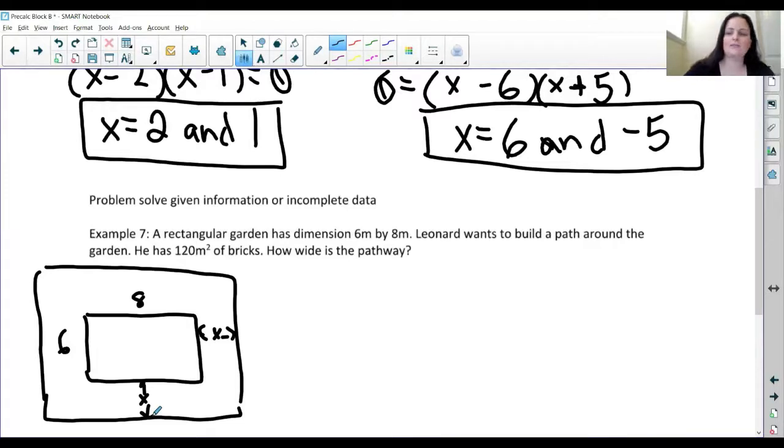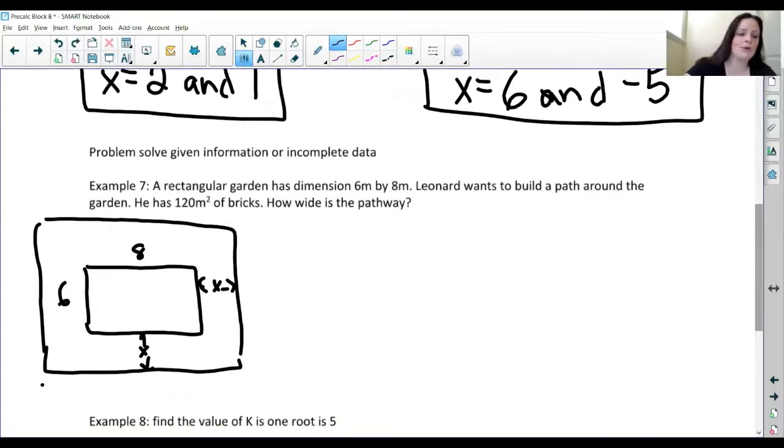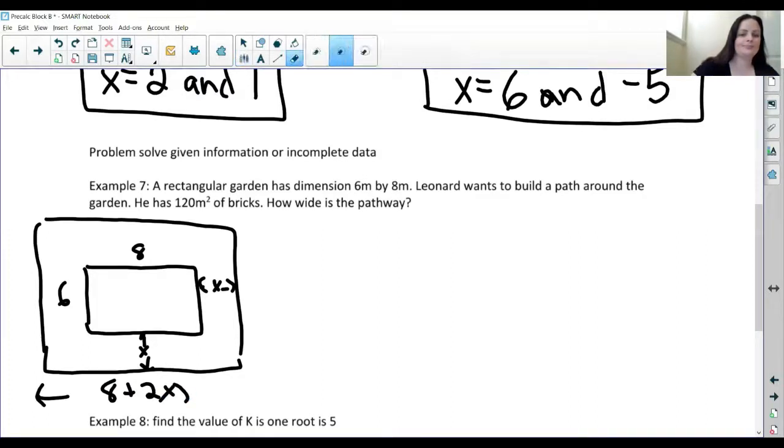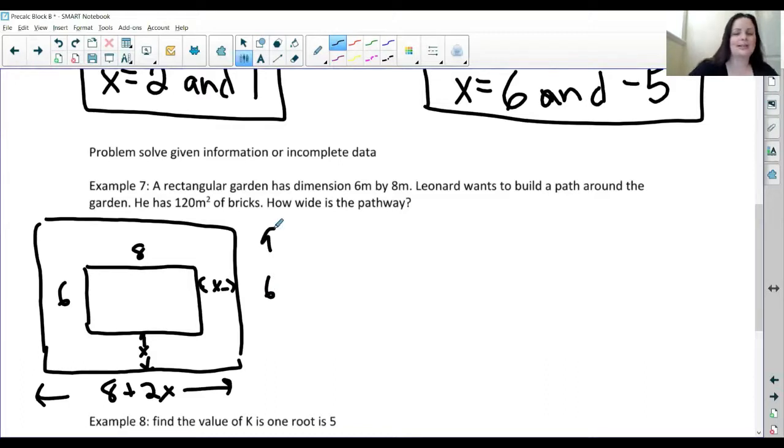So that means the total length of this part with the garden plus an x on one side and x on this side, the total width would be 8 plus 2x. And the total height would be 6 plus 2x, because there's an x here and an x here.